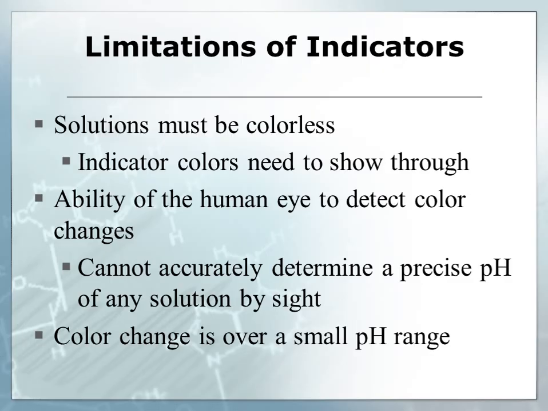And the other limitation is that these color changes usually occur over a very small pH range. So when you are titrating, which is typically where we use these indicators, you have to be very careful how much of your stock solution you're adding to the unknown so that you don't miss the transition, because a lot of times the transition, for instance with phenolphthalein from colorless to pink, can take place with a single drop.